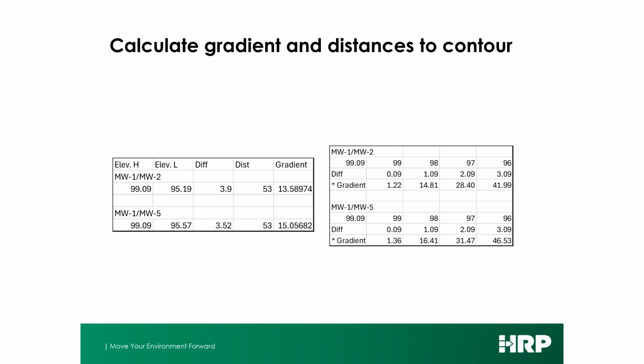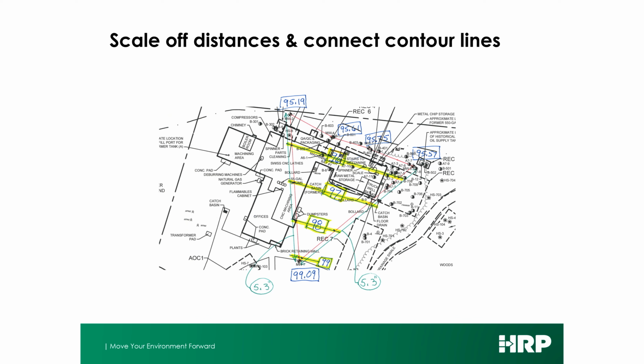So when I do that, and then I actually yellowed these in so they're almost visible, but you can see where the yellow highlighted groundwater contours actually fall in relation to where the monitoring wells are. And you can actually see what I did is I went out each of those lines, that specified difference, and made a tick mark.